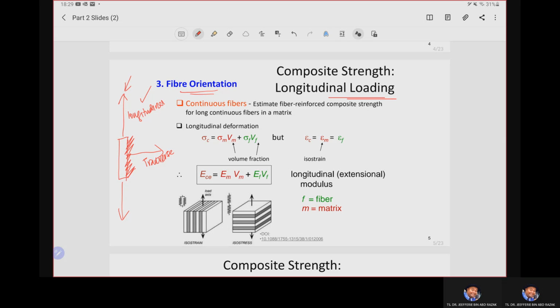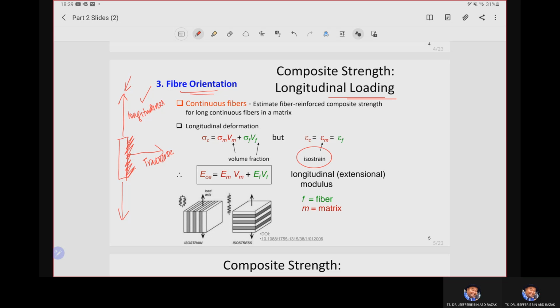To start the derivation, let's assume that the fiber matrix interfacial bonding is very good, such that the deformation of both matrix and fibers is the same, giving you the isostrain condition. Meaning when the fiber deforms, the matrix also deforms.